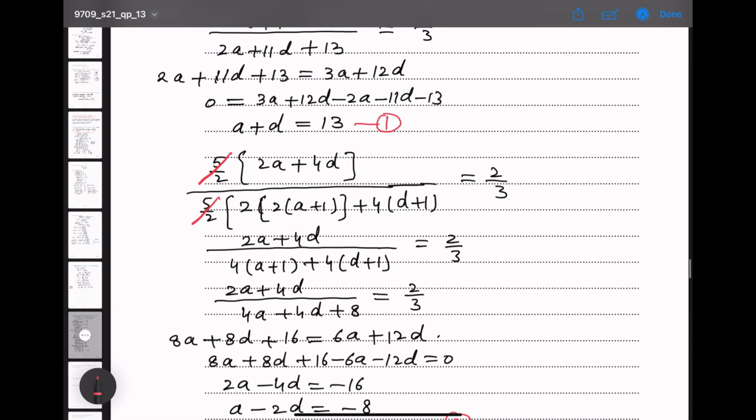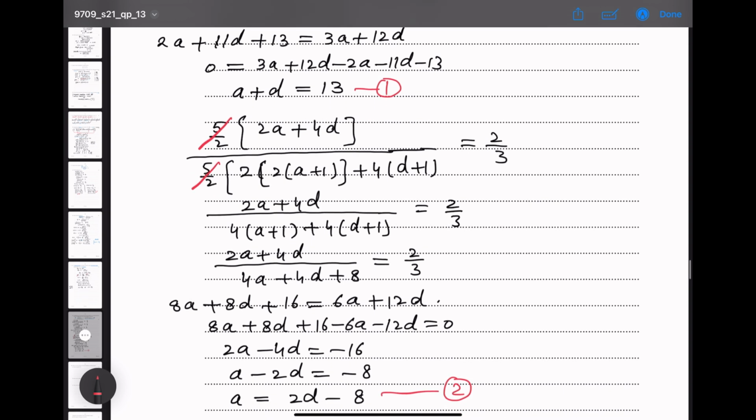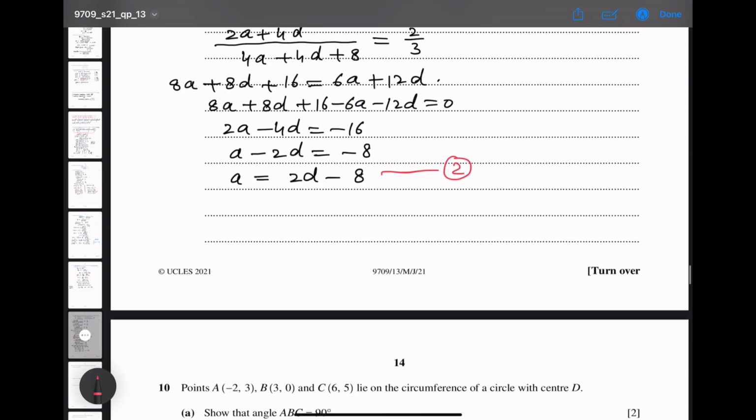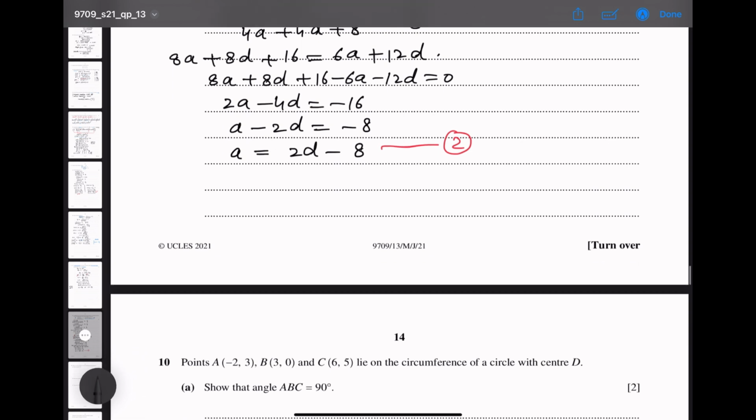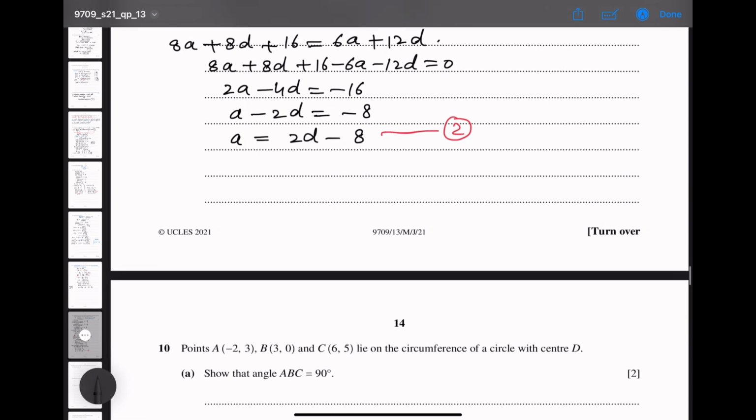Now we will solve equations 1 and 2 simultaneously by substitution. Equation number 1 is A plus D is equal to 13. Putting the value of A from equation number 2, this becomes 2D minus 8 plus D is equal to 13.